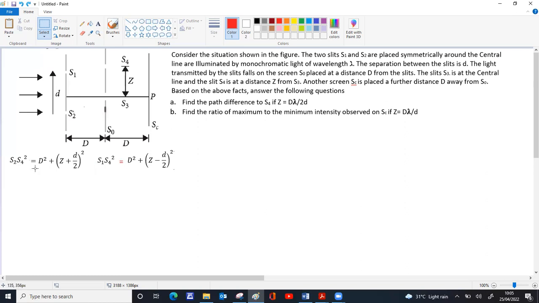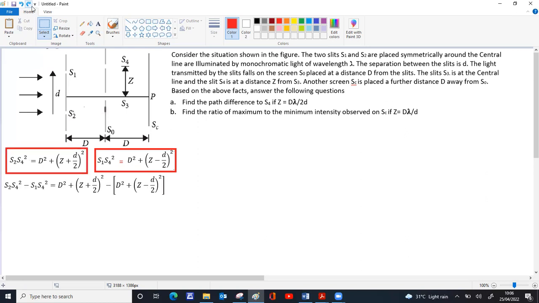Finding the difference S2, S4 square minus S1, S4 square, D square gets cancelled. Then a plus b whole square minus a minus b whole square is 4ab.